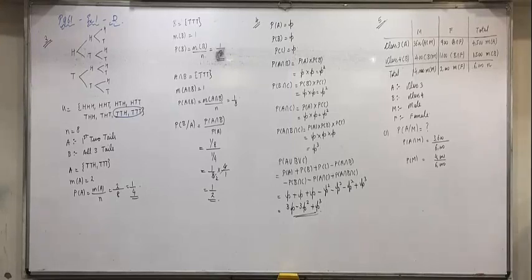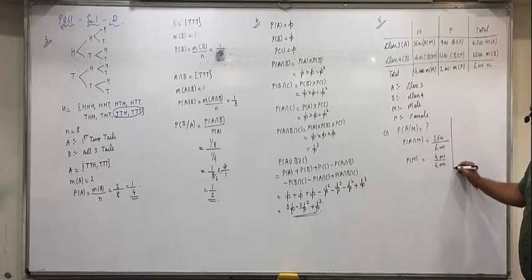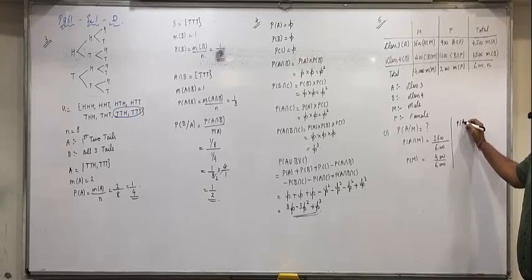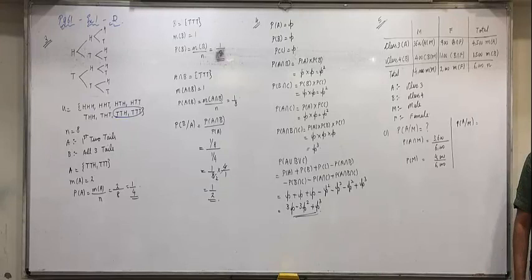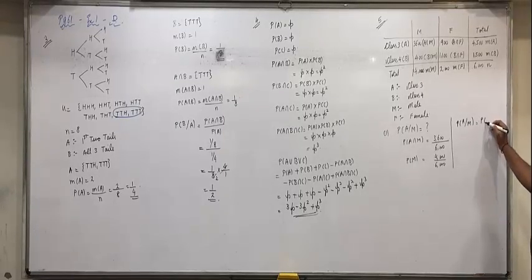So if the employee is male, probability that he belongs to class 3 is equal to P(A/M), that is P(A intersection M) upon P(M).